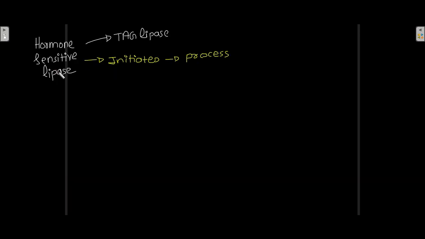Now, hormone sensitive lipase, which is also known as TAG lipase, initiates the process of breaking down triacylglycerol into fatty acids and glycerol. The free fatty acids produced by the digestion of these stored triacylglycerols are released into the blood.